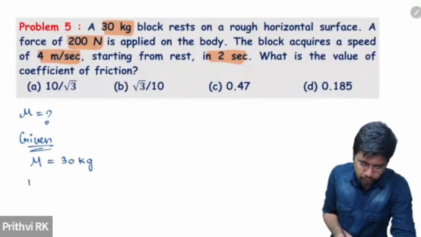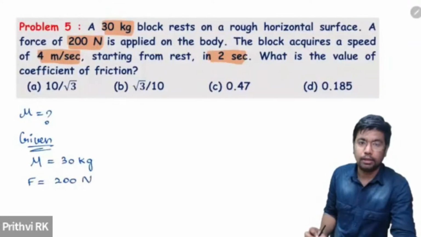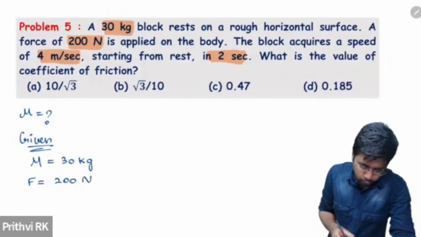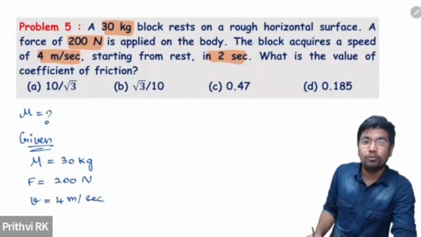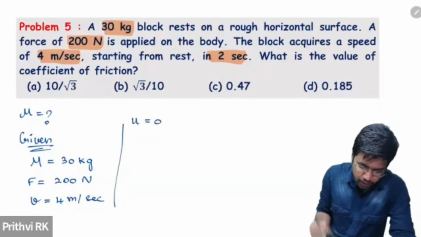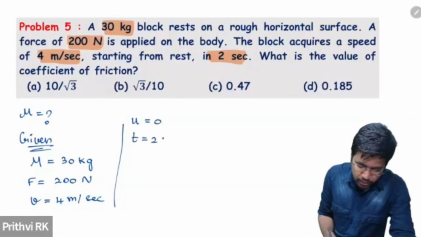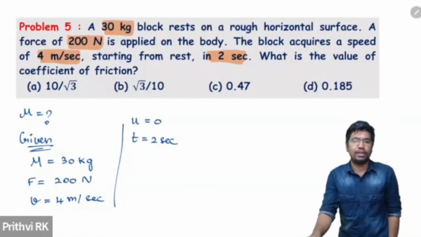The value of force is 200 Newton. The block acquires a speed, so the velocity is 4 meter per second. It is starting from rest, which means the value of u will be equal to 0, and the time period is 2 seconds.